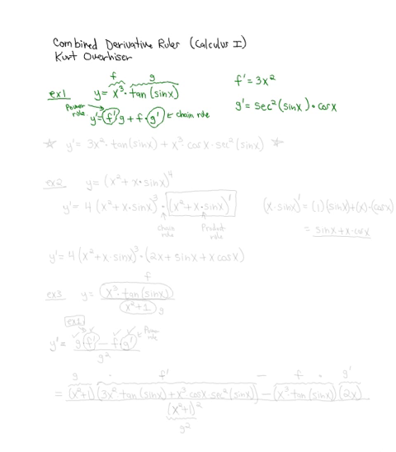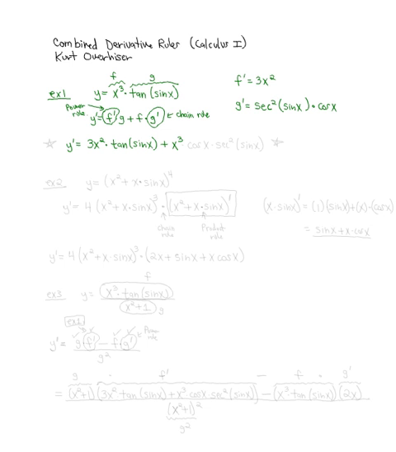So there's g prime. Then if we take these and put them together according to the product rule formula, we get y prime is equal to f prime, which is 3x squared, times g. This is where I copy and paste the tangent of the sine of x, plus f, which is x cubed, and then multiply it by g prime of x.